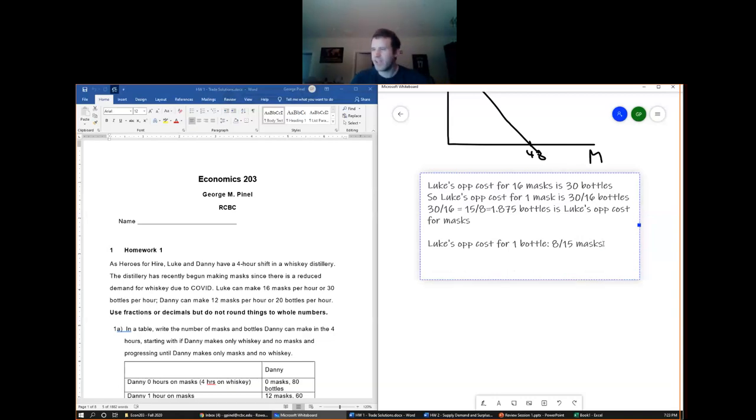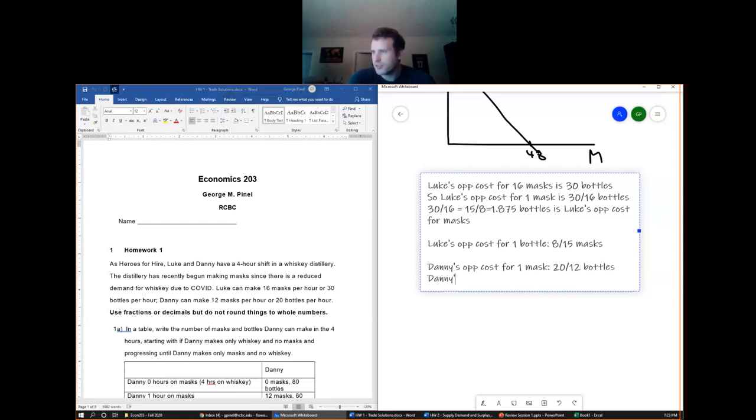Right. And I didn't ask this, but we'll need it for later. So Danny's opportunity cost for one mask is just going to be, if he's making 12 masks, he's giving up 20 bottles. So if he's making one mask, he's giving up 20 divided by 12 bottles.